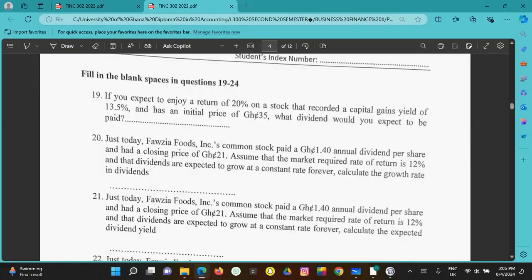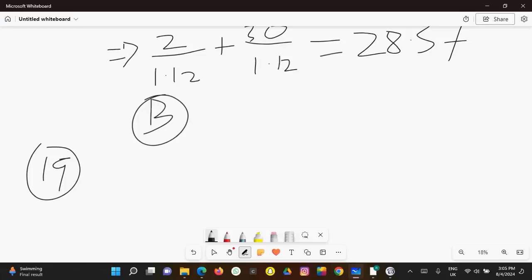So now it is almost similar to what we did the first time, but this time around it is D we are coming to solve for. So we are going to use the same formula.